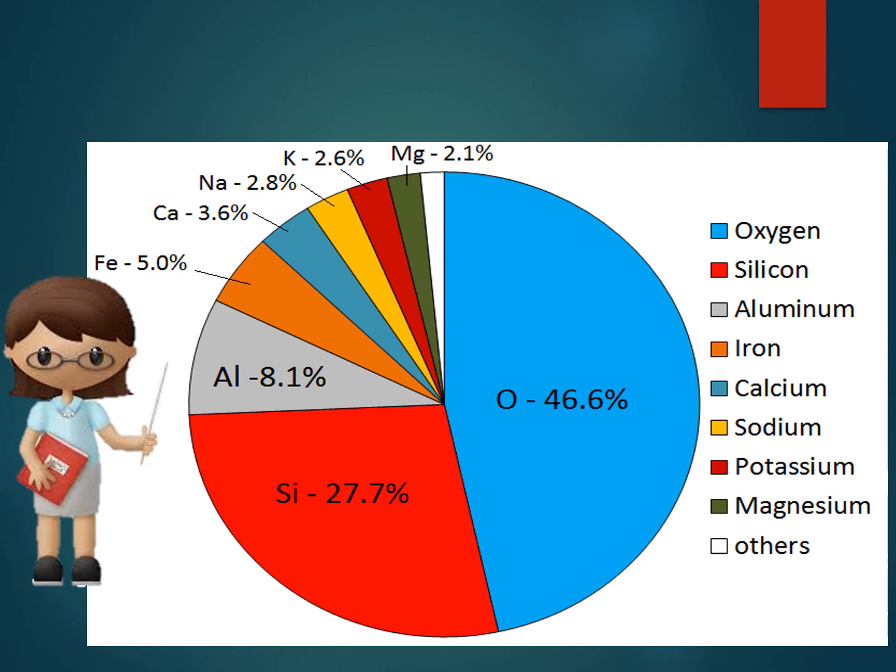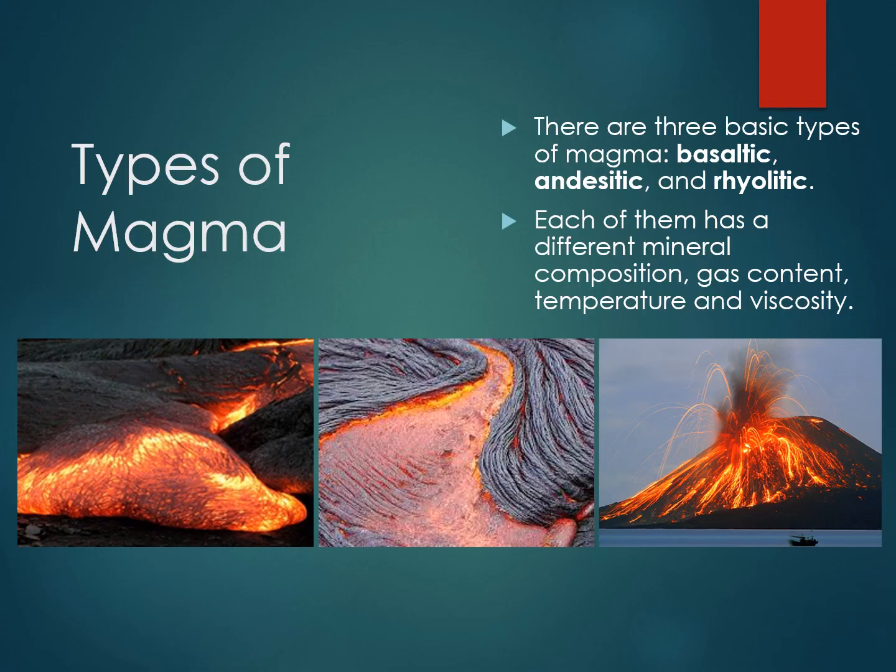So if you see, oxygen has almost half of the pie, and almost a quarter is silicon, and the other quarter is composed of aluminum, iron, calcium, sodium, potassium, magnesium, and other elements.